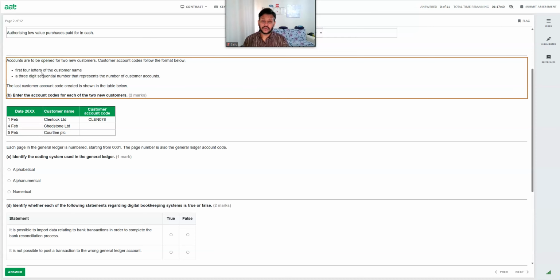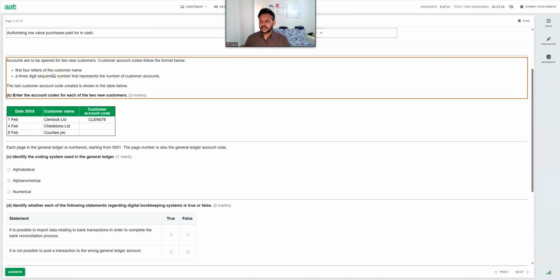We need to just follow the way they're asking, because there is no set of rules or guidance on how you create the customer or supplier code. Every company can have a different strategy. Someone can take the first 2 letters, someone the first 3 or first 4. So you need to always consider the information or the requirement.